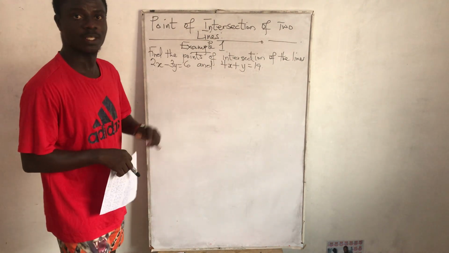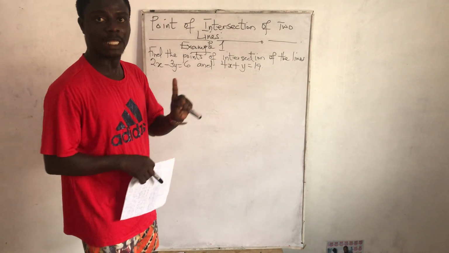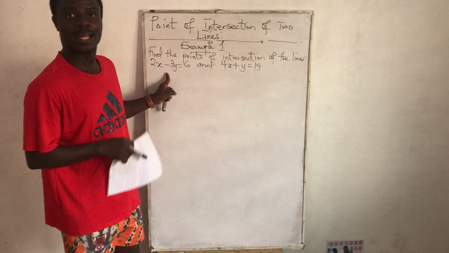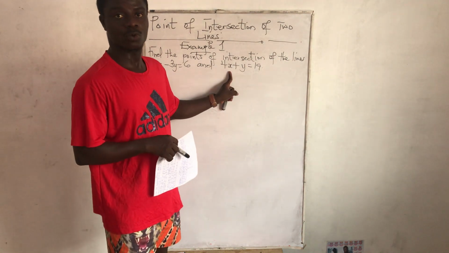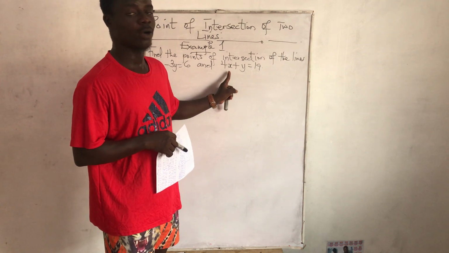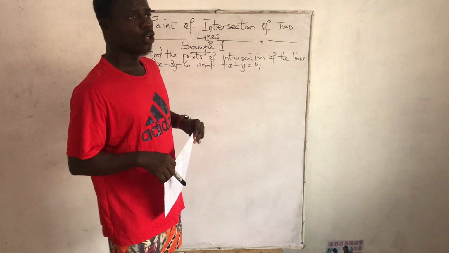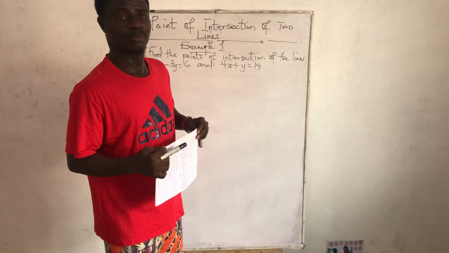With this we have to solve the two lines simultaneously. So we have the line L1, then we have the line L2. How can we solve it simultaneously? You can use the elimination method.